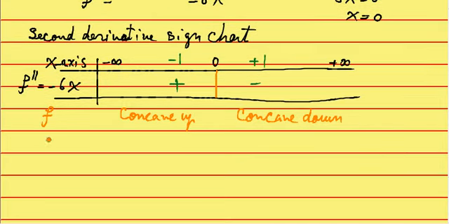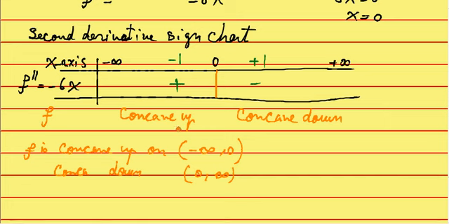Our final answer is going to be written like this: f is concave up on, this is a range of numbers on which we have this designation, from minus infinity to 0. It is concave down on from 0 to infinity. From here to here is going to be concave down.